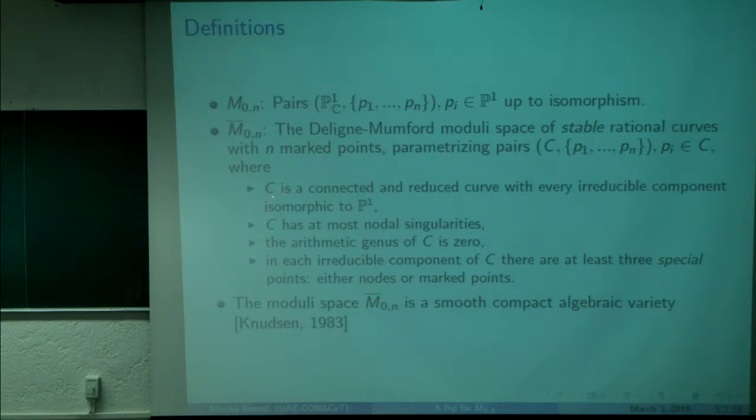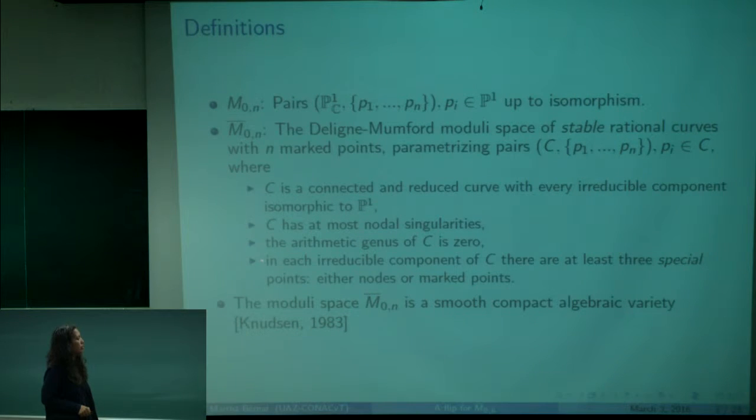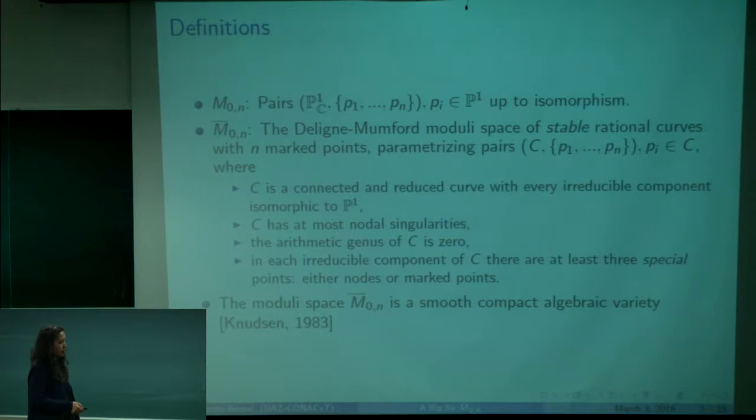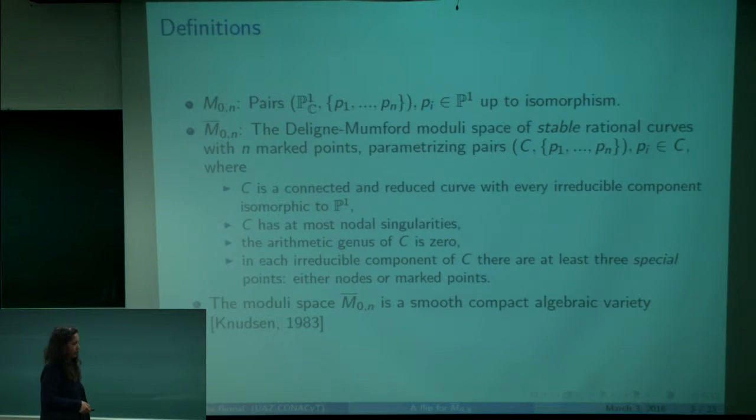The arithmetic genus of the whole curve should be 0. And in every irreducible component, there should be 3 special points, which should be either a node or marked points. This third condition ensures that you don't have too many isomorphisms of the curve. And this is the moduli space M0,n bar, and it's a smooth, compact, projective algebraic variety.